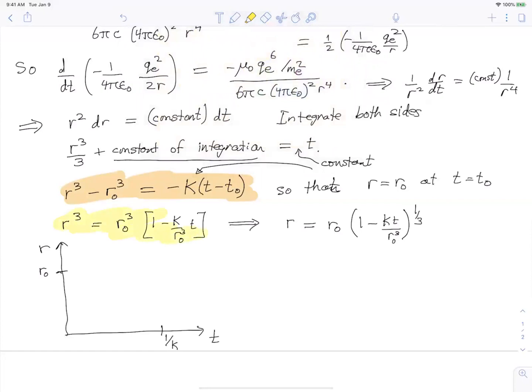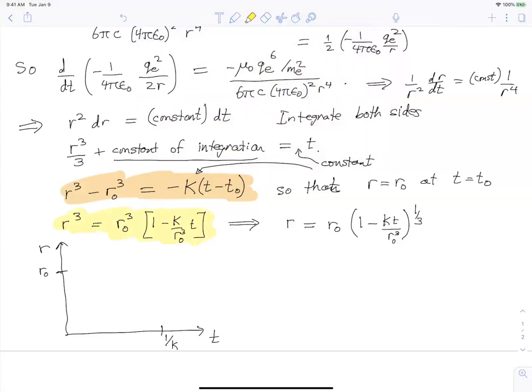So if I just plug in r equals 0, then it can only be satisfied when t is 1 over k. I seem to have some sort of issue with units here, but okay.